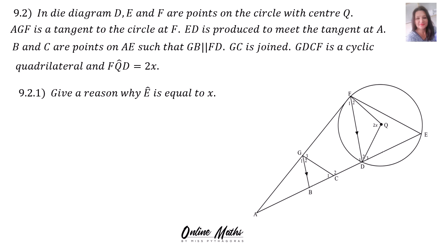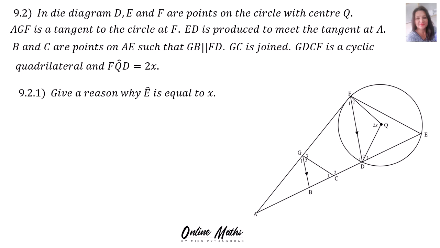9.2. In the diagram, D, E and F are points on the circle with center Q. AGF is a tangent to the circle at F. ED is produced to meet the tangent at A. B and C are points on AE such that GB is parallel to FD.